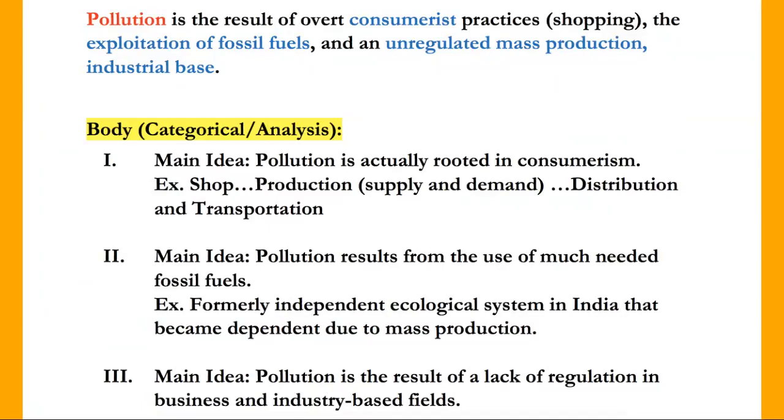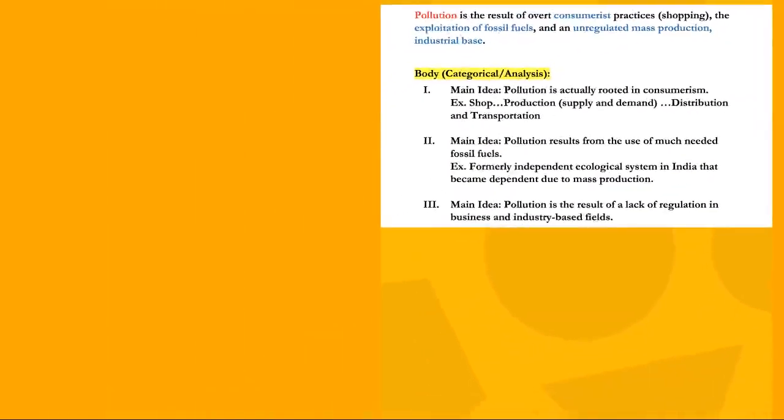I know the second one sounds a little bit like pollution being a cause, but I'm going to try to negotiate it, nevertheless, as pollution being the effect of the use of these fossil fuels. And the last one is pollution as a result of a lack of regulation in business and industry based fields. Okay. So this is my support. Now I've just got to provide examples, right?